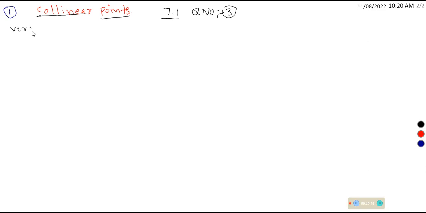Verify whether the points (1, 5), (2, 3), (-2, -1) are collinear points or not. Verify whether these 3 are collinear or not. This will be the question.